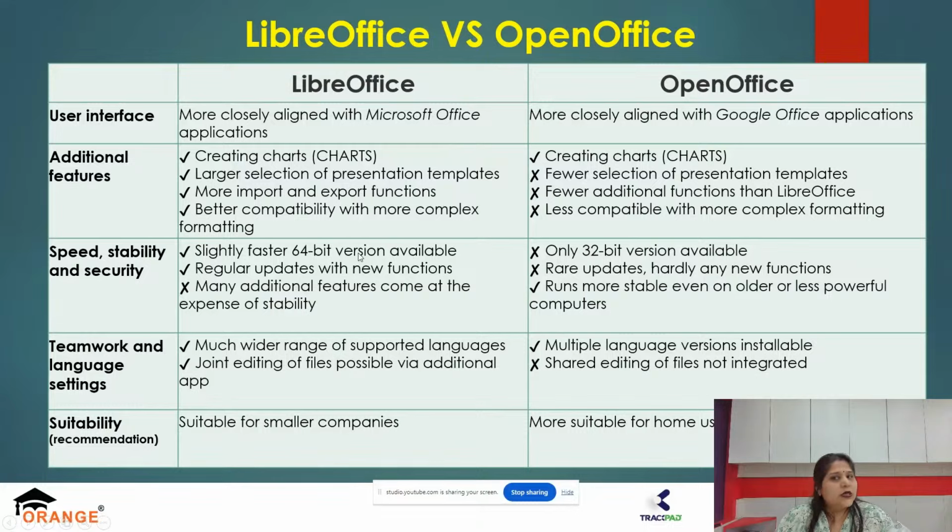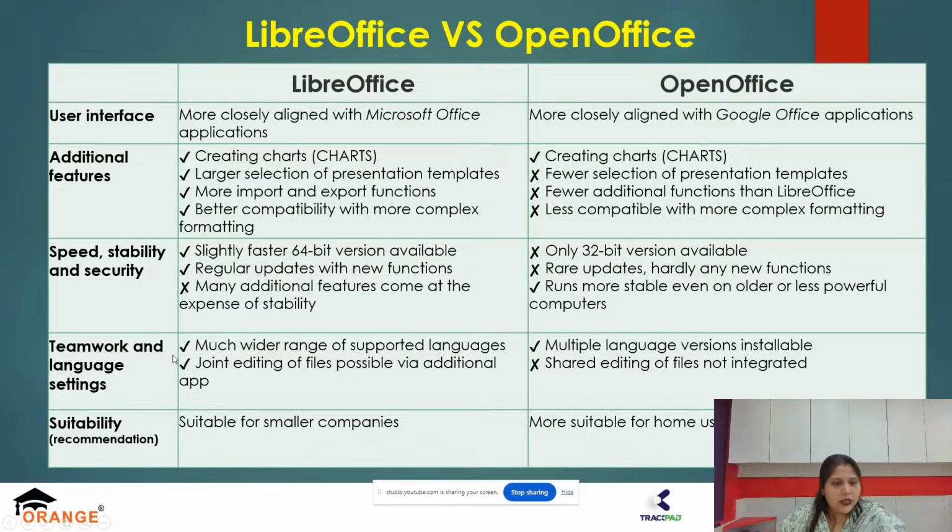At the same point, OpenOffice provides rare updates, so it is provided with hardly any new functions. There are many additional features provided by LibreOffice, but there are also some stable features provided by OpenOffice, which are supported by less powerful computers.